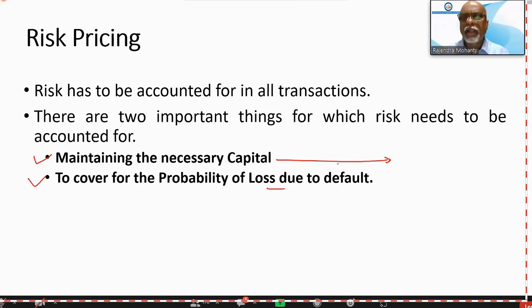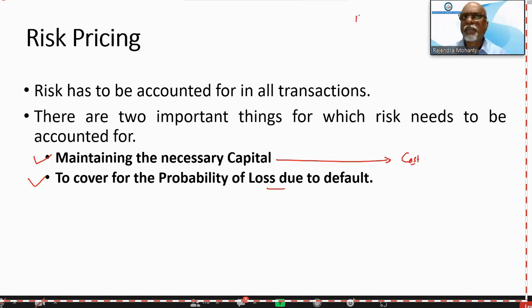Capital is essential, the basic or fundamental thing for any business. And for the banking business, it is a regulatory requirement. RBI says that you have to maintain that minimum capital. So capital, when it is maintained, comes with a cost.